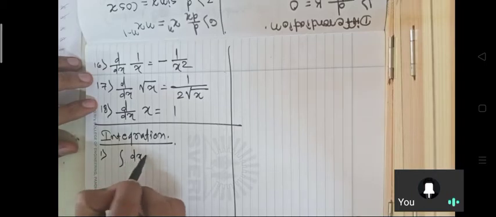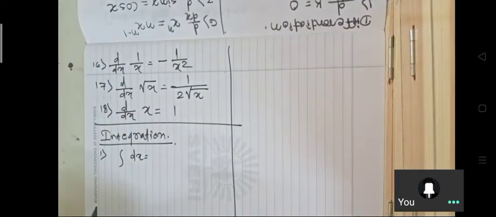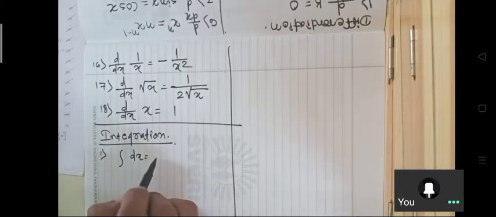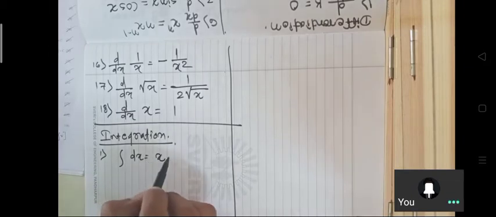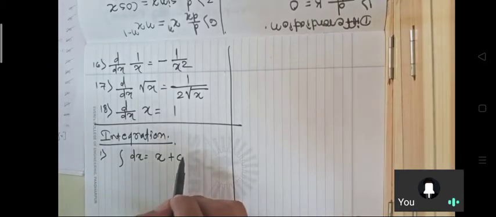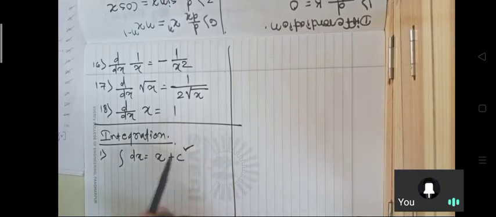What is the answer? Answer is x plus c. C is the constant; all the time I am not going to write this. C is usually there with all the answers for integration, so I will not write it.